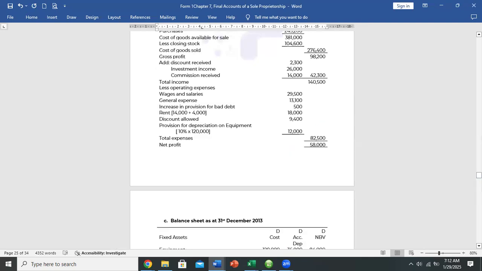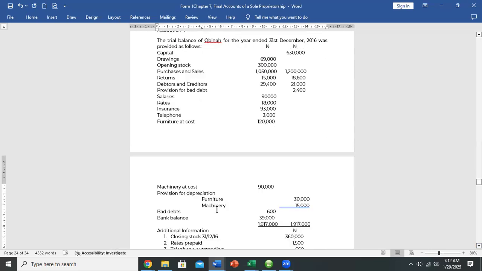So we're given the trial balance of OB now, and you see that here with the additional information, right? I want my professors to do the analysis, which is to compare your old to the new. So looking at this trial balance, do you see the old provision?